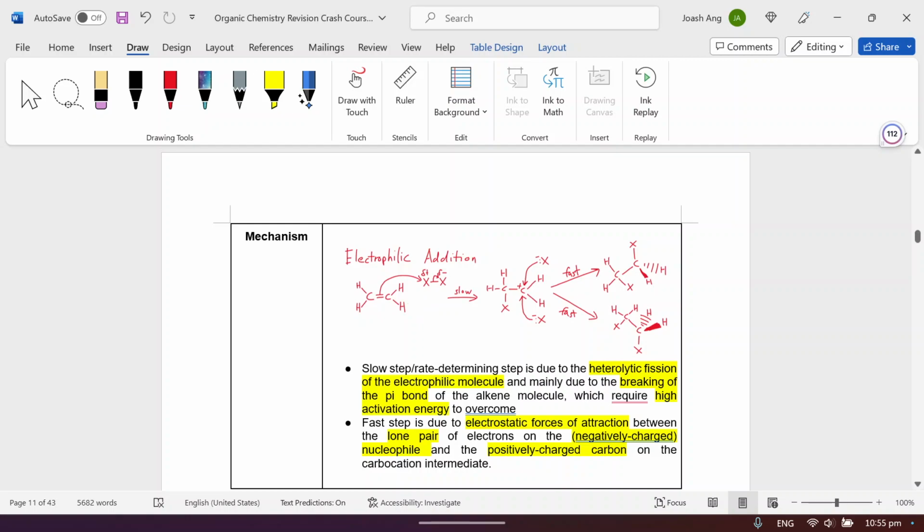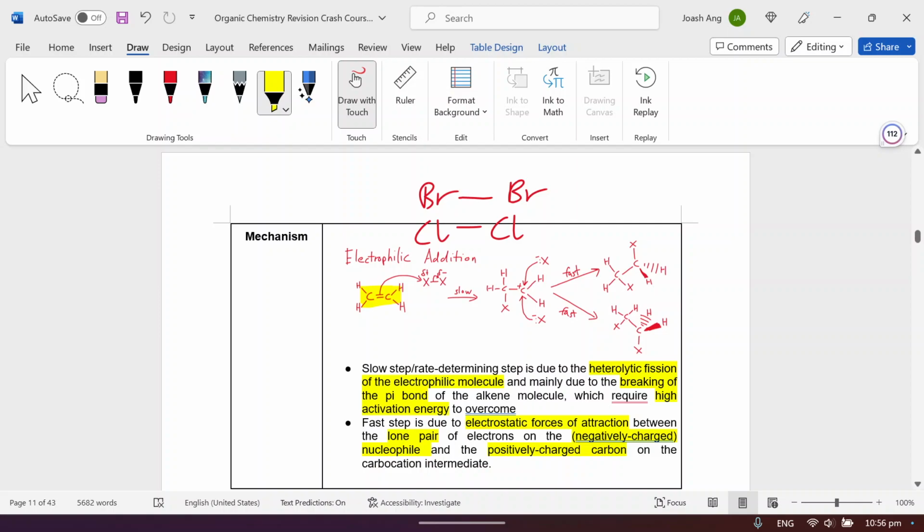So you can see, for instance, Br-Br or Cl-Cl, they contain atoms that are covalently bonded and have the same electronegativity. But it is the pi bonding electrons right here, the high electron density of the C=C double bond, the nucleophilic pi electron cloud, that is able to polarize the halogen.